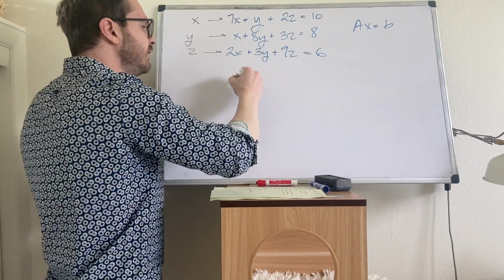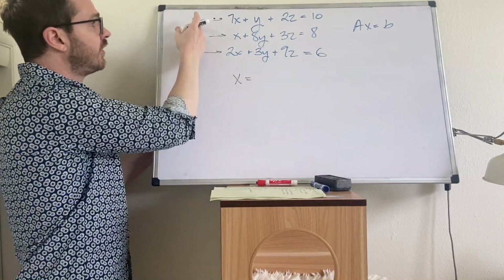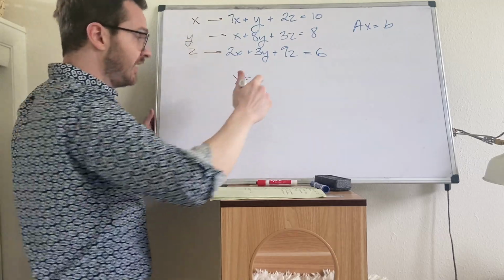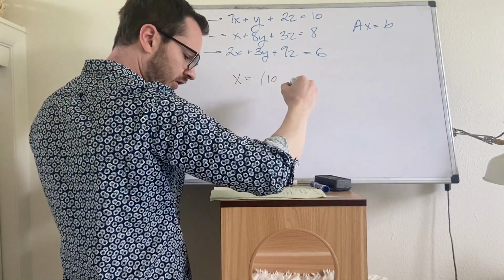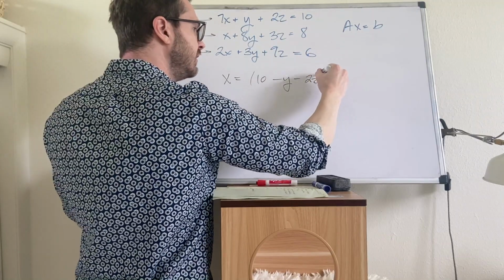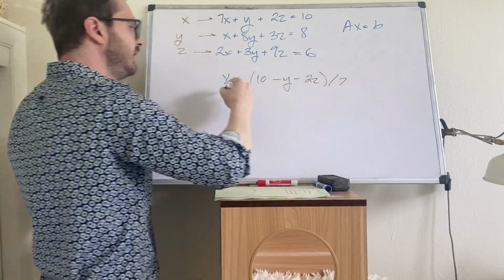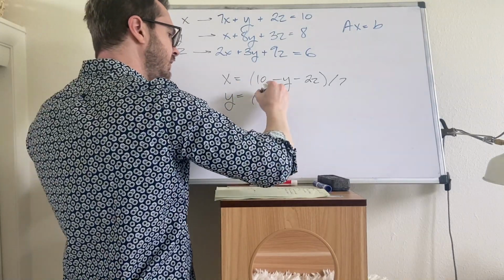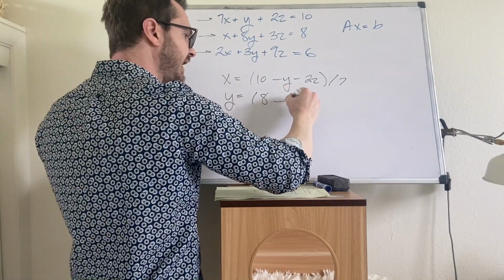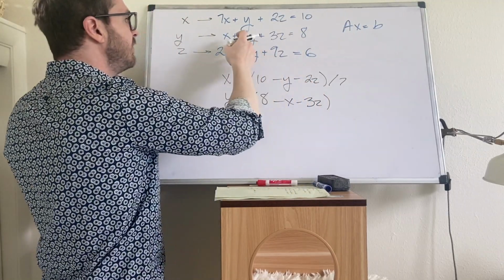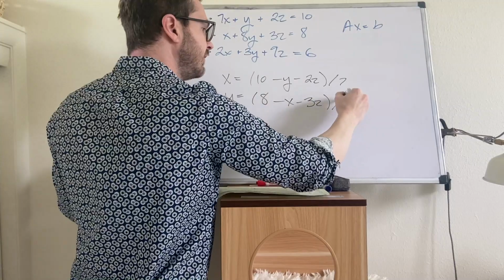If you do that, if you take the first equation and you solve for x, clearly you take these terms, you move them to the other side, and you divide by the 7. So we're looking at x equals 10 minus y minus 2z, divided by 7. The next equation, we're going to solve for y: 8 minus x minus 3z, and this one we're going to divide by 8.